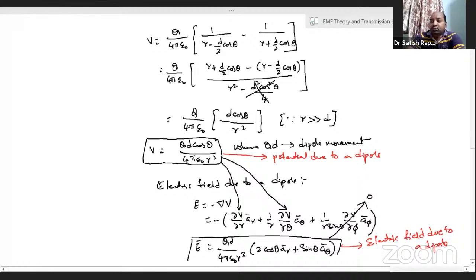If we know the potential due to a dipole, we can determine the electric field, because we know the relationship between electric field and potential. Substituting the potential and simplifying, we get the electric field due to a dipole.